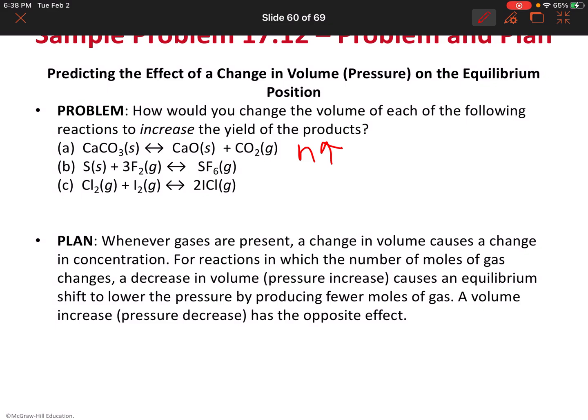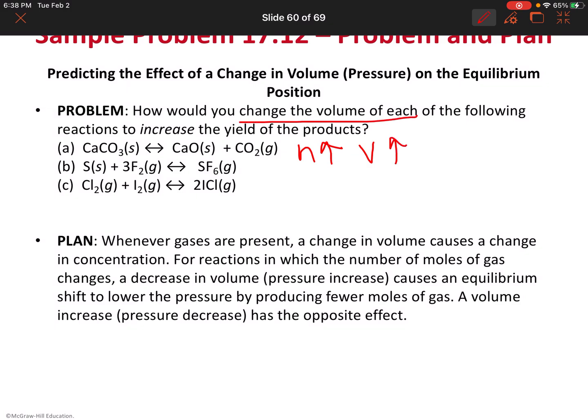What we need to do if you want to increase the number of moles in terms of volume? Remember the relationship, the more number of moles, the volume would be higher. If you increase the volume, number of moles will be higher. It is asking how would you change the volume? So we need to increase the volume.